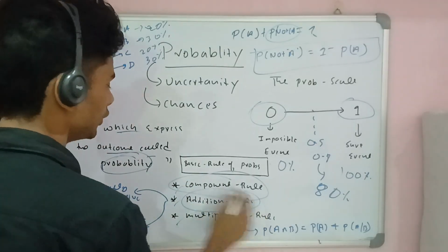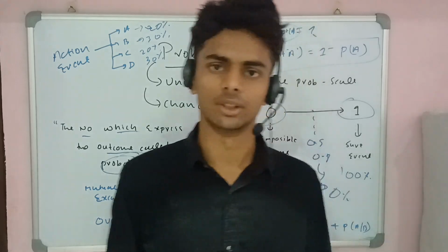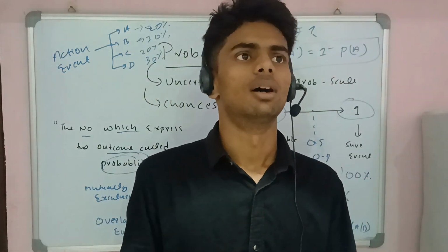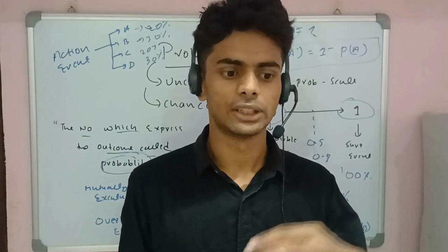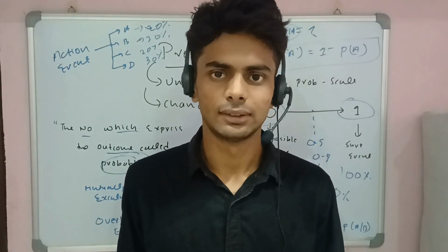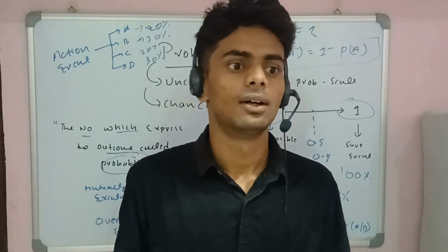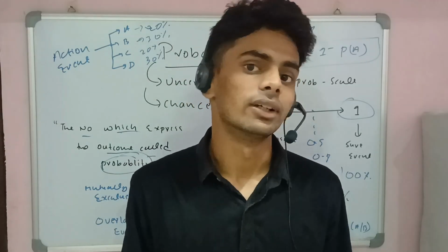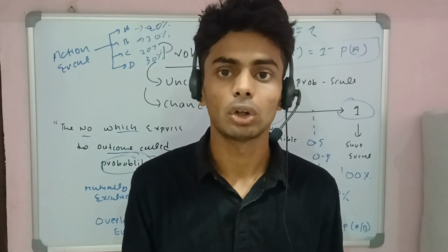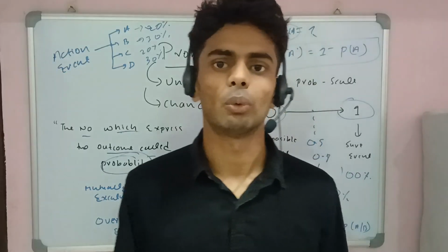The second one is the addition rule. Addition rule applies when any two events do not occur at the same time. Suppose you toss a coin.